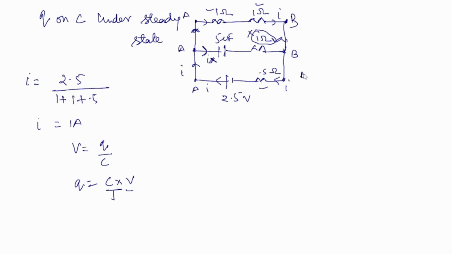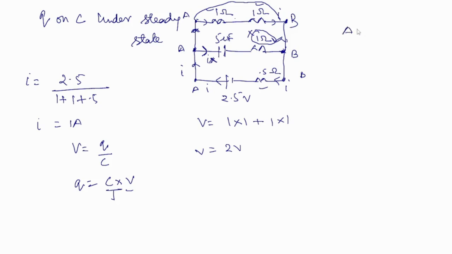If you see the potential drop across this 1 ohm resistance, it will be 1 into 1, because current is 1 ampere and resistance is 1 ohm, plus the potential drop across this, it will also be 1 into 1, so it will be 2 volt. This means the potential difference across this part is 2 volt. This will also be the potential difference across A and B, because they are the same points.